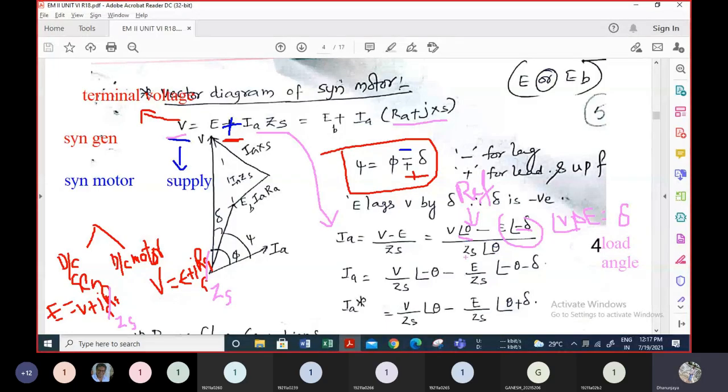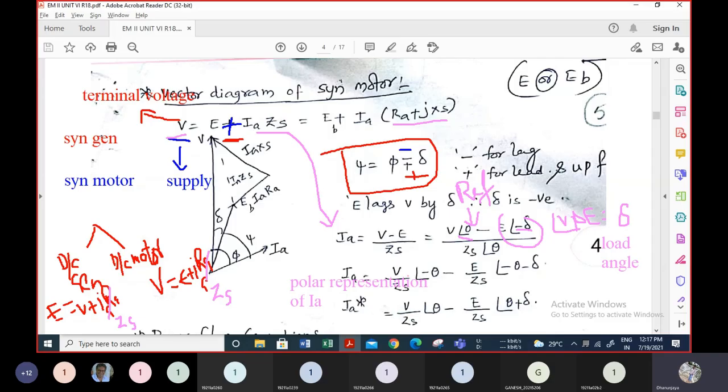By splitting these terms, any angle in the denominator is converted into the numerator with a negative sign. This is the polar representation of Ia: Ia equal to V by Zs at angle minus theta, minus E by Zs at angle minus theta minus delta. So minus of minus.